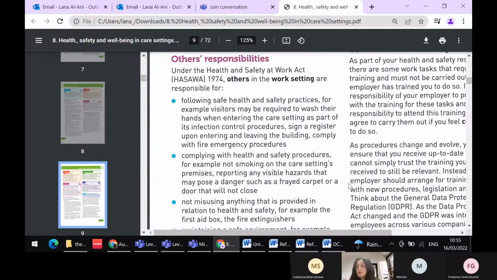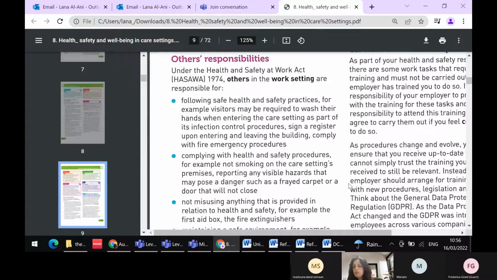Like you just started working in a care home. What's your responsibility? First of all, is to ask where is the policy and procedure. Second thing is to follow it. This is for others, so this is for everyone. They need to follow the policy and procedure. So for example, if there are visitors, they always need to wash their hands before they get in, maybe use sanitizer or be given gloves.